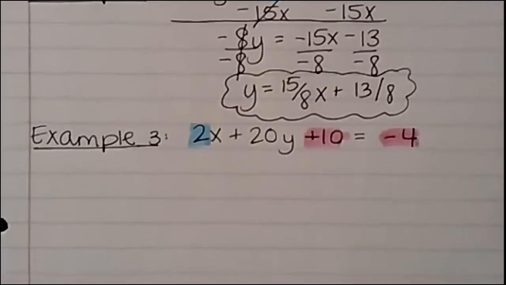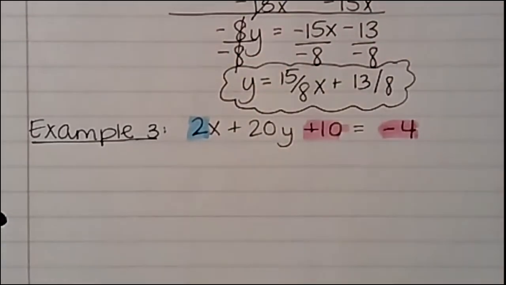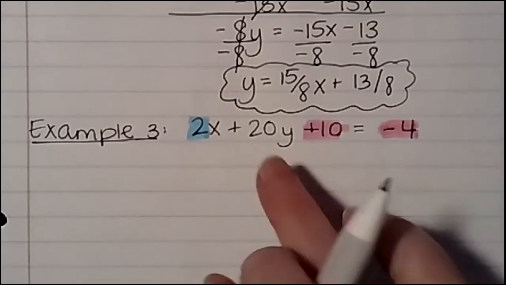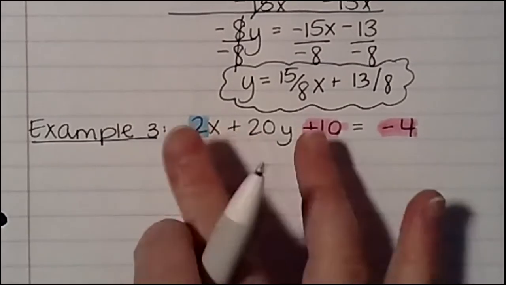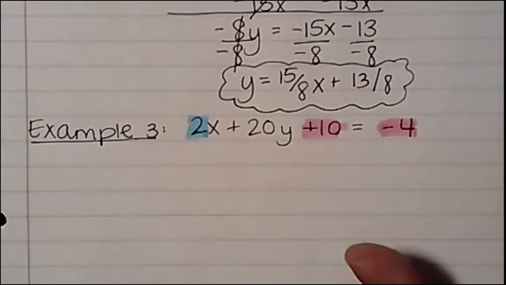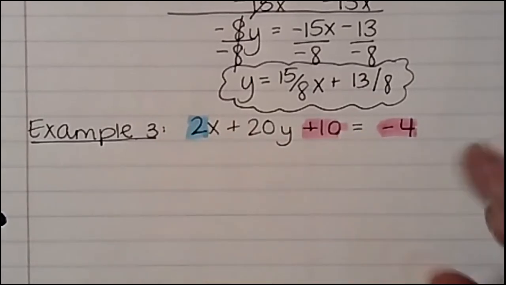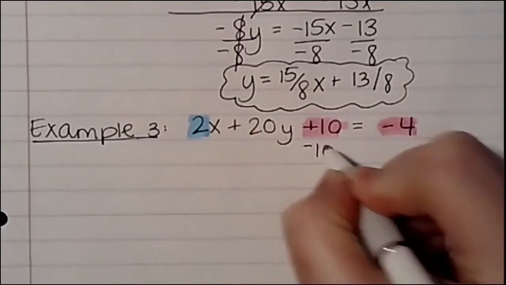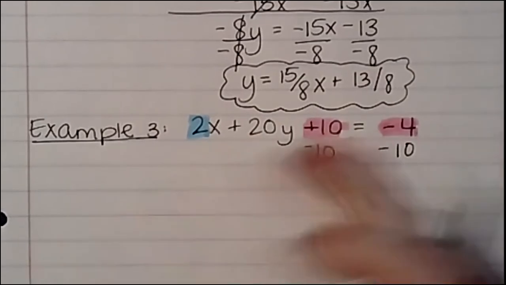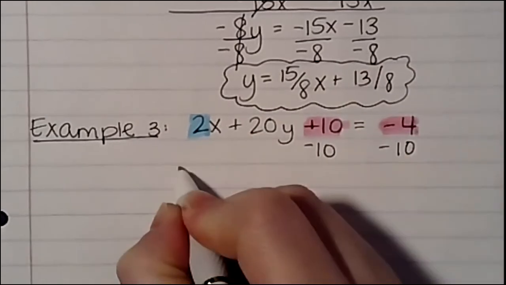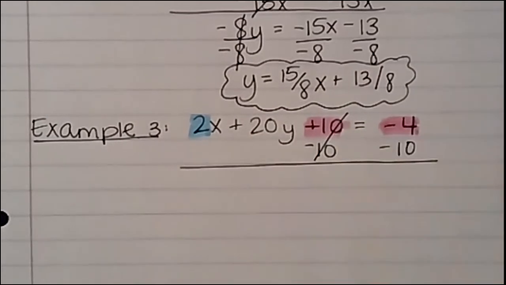Now, we have another situation where there's more than one constant, and you just follow suit, okay? Remember, it has to be y equals mx plus b. This 20y is going to stay here, but I've got to move the 2x and the 10 over to the other side. I'm going to start by subtracting the 10 from both sides because they are like terms, and that's easy to handle. Cross this out.